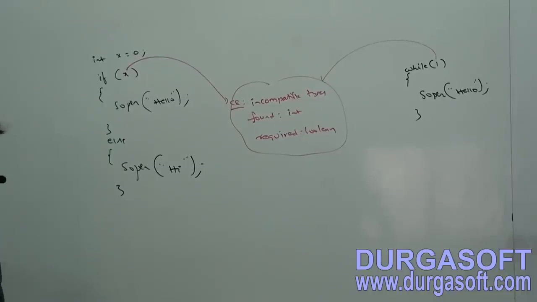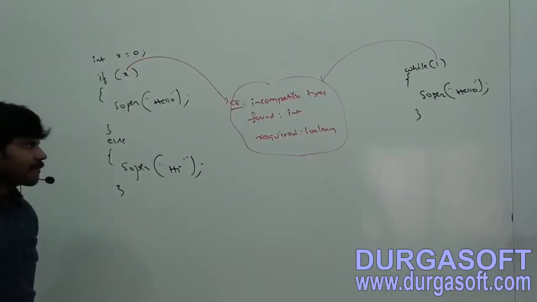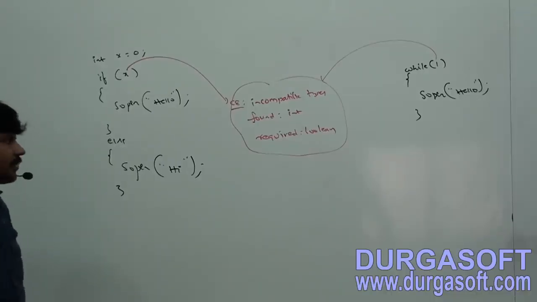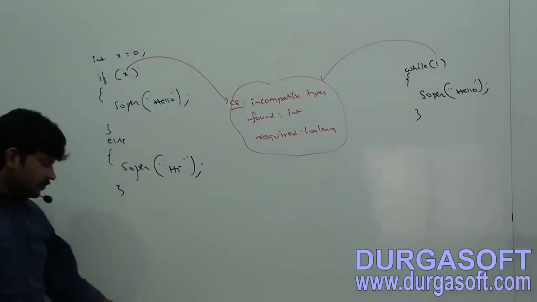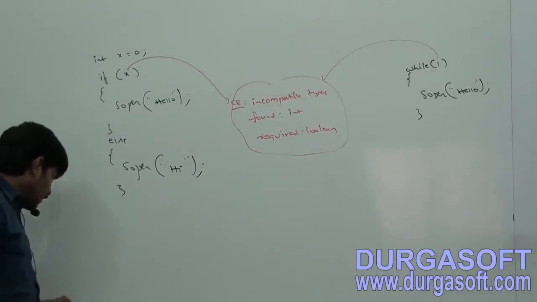While of 1 SOP of hello: incompatible types, found int, required boolean. Completed, I hope.